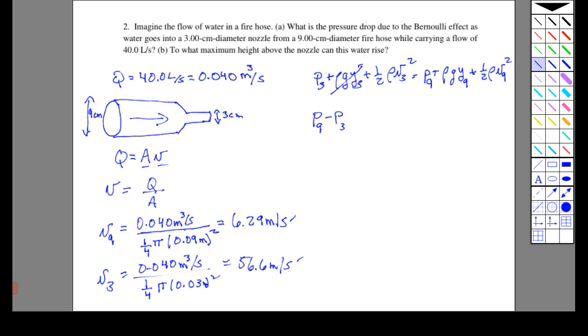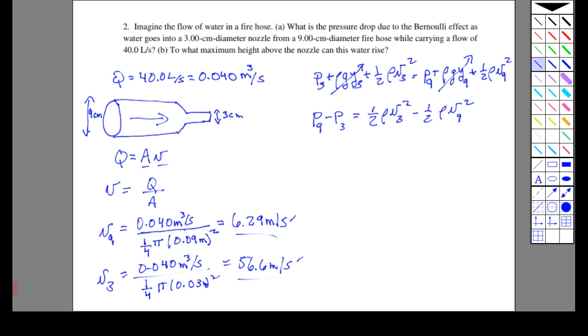We can assume these things are at the same height, so those two terms will cancel, and what we're left with is 1/2 rho V3 squared minus 1/2 rho V9 squared. Great. So those two speeds we just found previously, so we can plug those into our equation.